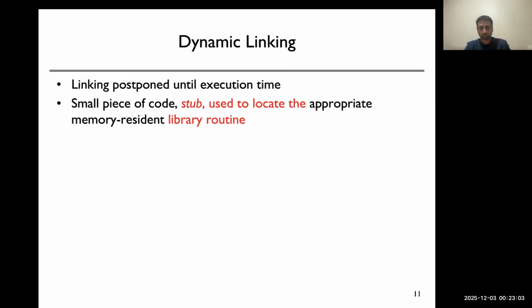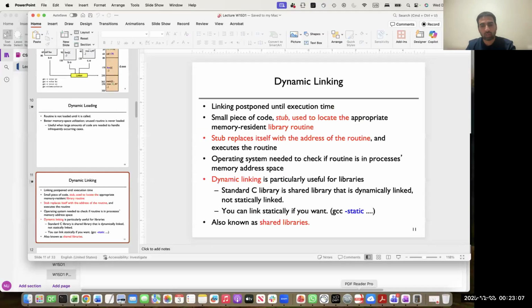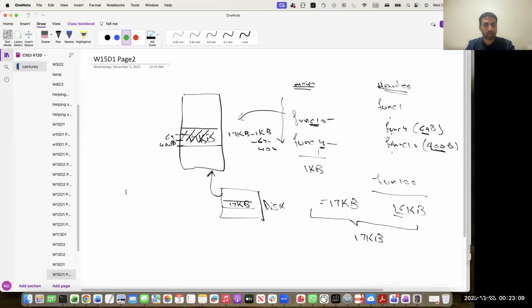So for example, let me go to the OneNote and explain it, right? From the example which I explained earlier on the OneNote, now you understand what is meant by dynamic loading. Now let's have a look at what is meant by dynamic linking, right?